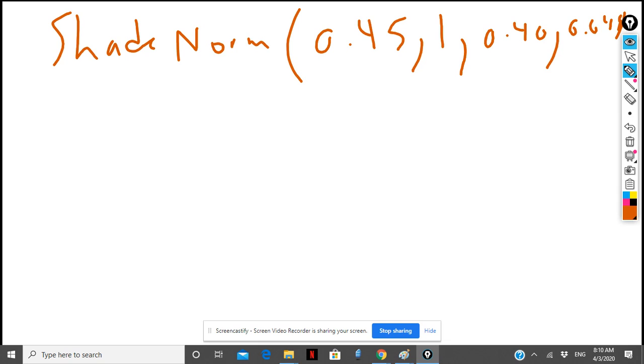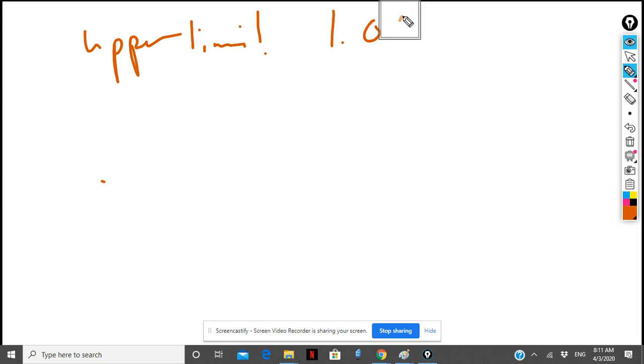Okay, or in another way I can use the z value. That's one of the ways. The lower limit is 1.02, that's the value.